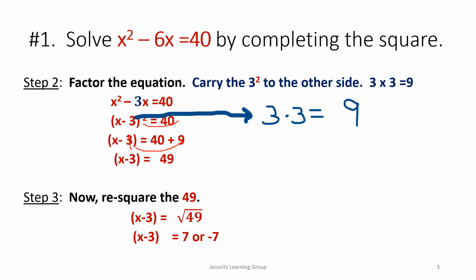Okay, now you are solving something as x minus 3. You have to remember it's in the bracket. So you are getting x minus 3 as a square root of 49, and because 7 times 7 equals 49, and negative 7 times negative 7 equals 49.